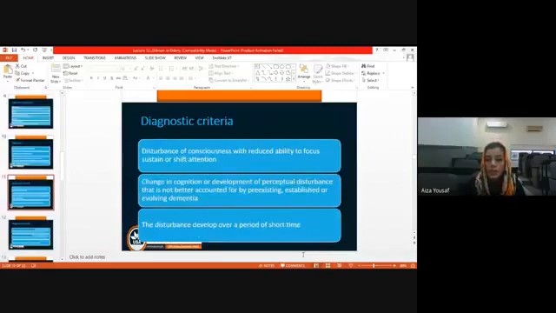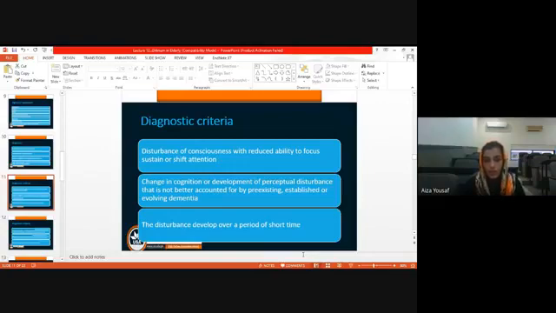Now, what is the diagnostic criteria for identifying delirium? Disturbance of consciousness with reduced ability to focus, sustain, or shift attention, which is inattentiveness or carelessness, will result in delirium. Change in cognition or development of a perceptual disturbance that is not better accounted for by a pre-existing, established, or evolving dementia.